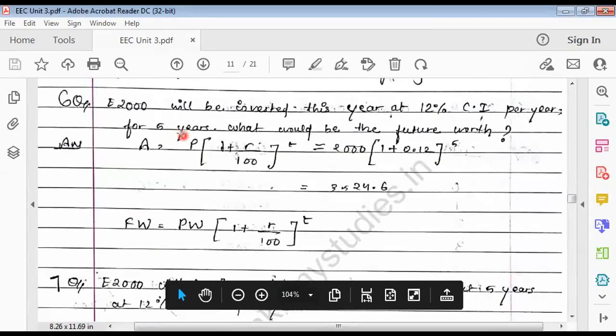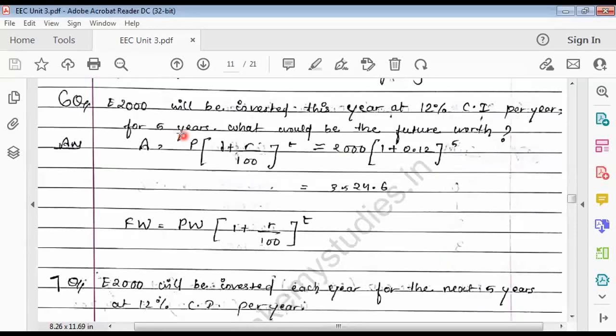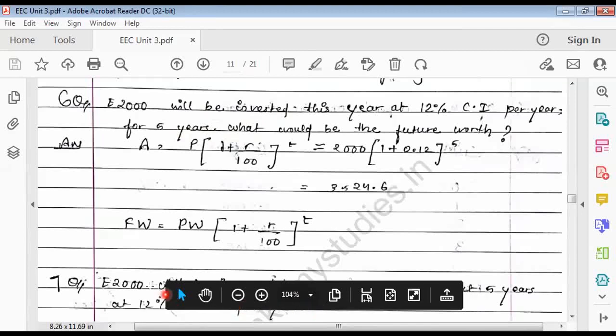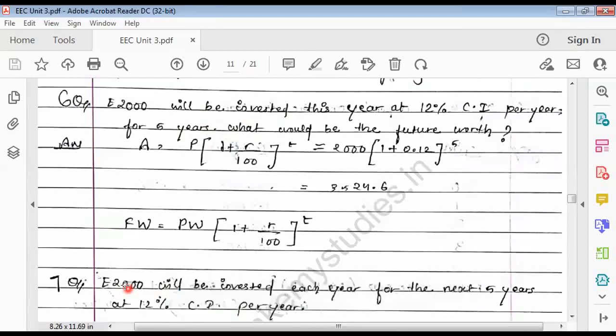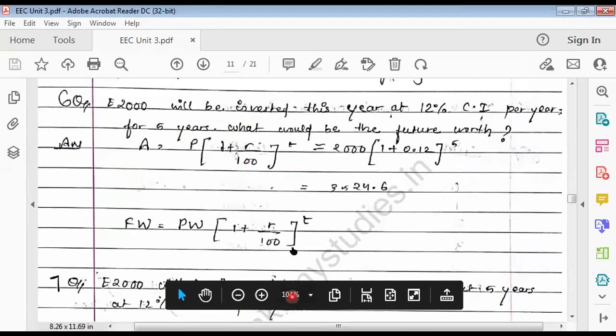Only difference between these two questions is, in this question only a single 2000 rupees was invested, but in this question 2000 rupees was invested each year for the next 5 years. So that's the basic difference between these two questions. So that is why two different formulas are used.